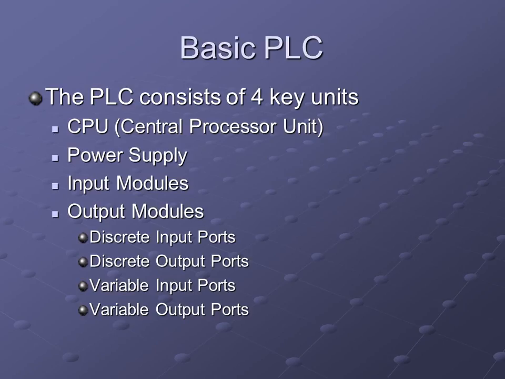So what are the 4 things that a PLC is made of? Very good. And you don't even have to say modules, just say input and output, and that's fine.